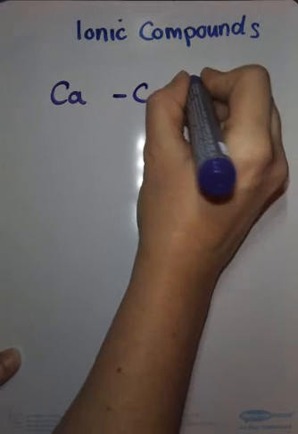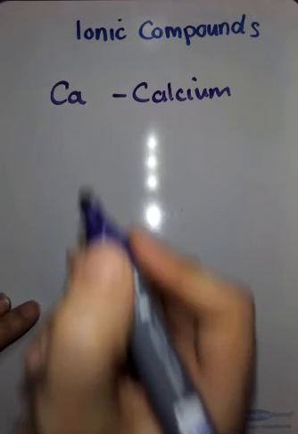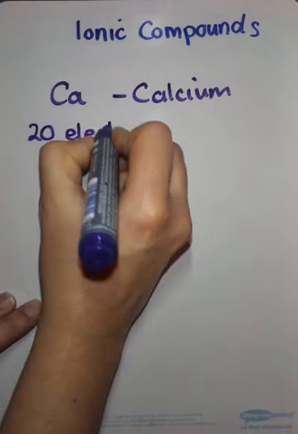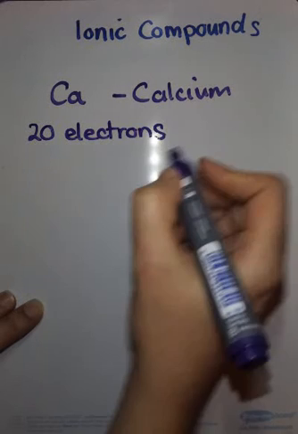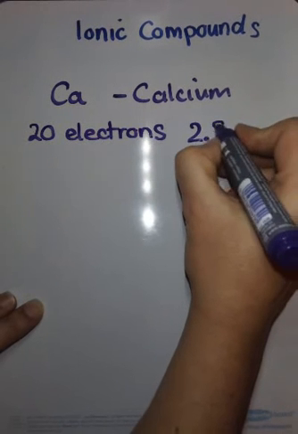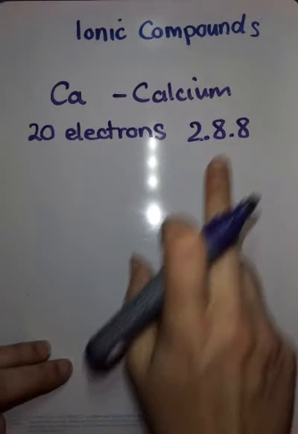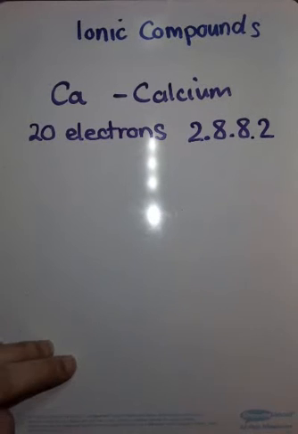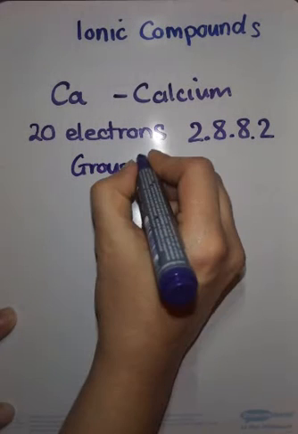If you have a look on your periodic table, you'll know that calcium has got 20 electrons. So if we were going to write its electron arrangement, we would have 2 in the first shell, 8 in the second, 8 in the third, so that gives us 18, and we would have 2 in the last shell. And if you look on your periodic table, it is in group 2.